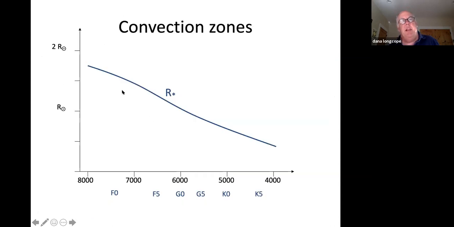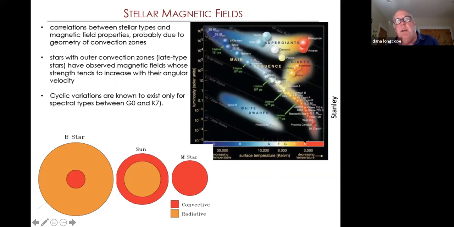If you take a simple model of the size of stars, this is a Hertzsprung-Russell diagram, and the bottom axis could be considered temperature. Often it's color, but they're the same thing.